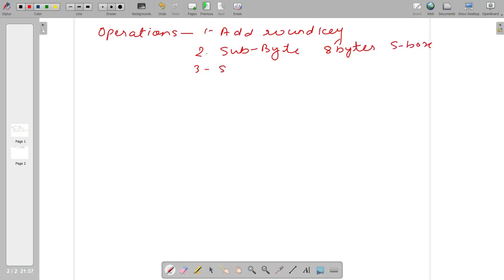Then shift row, and the last one is mix column. We will discuss all these operations in detail also.